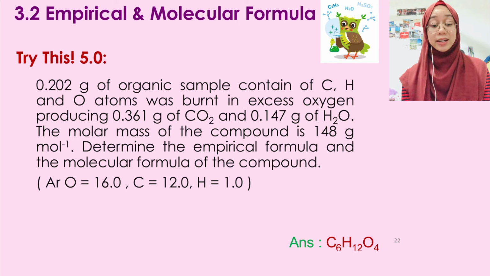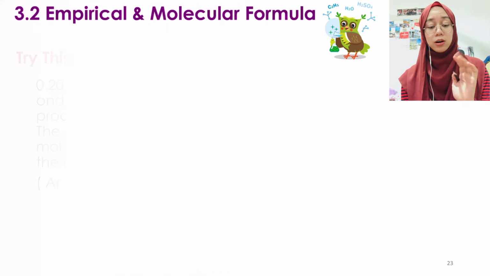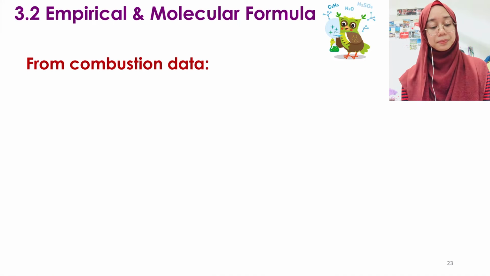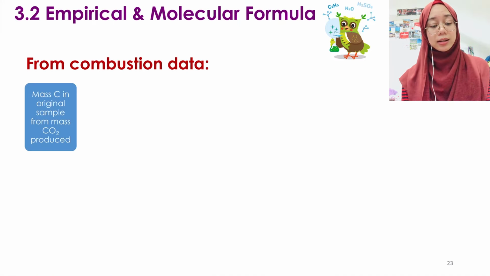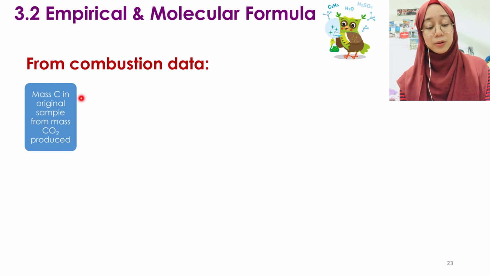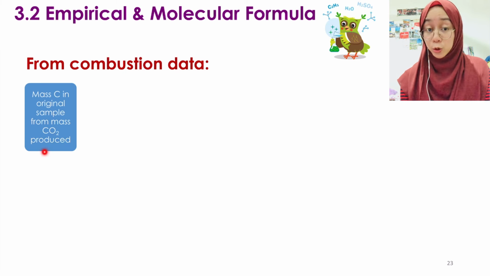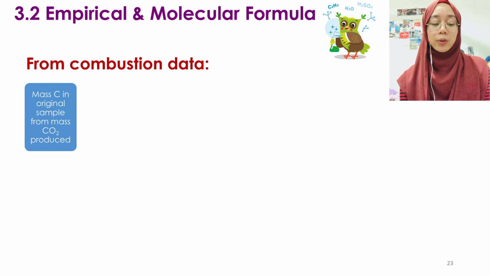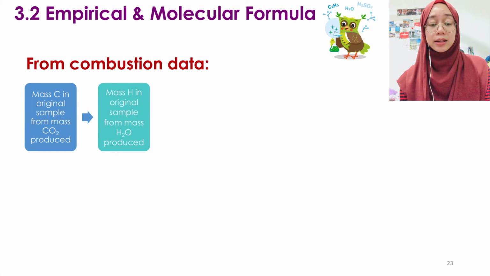So nanti kamu try. Okay, so basically kalau kita nak tengok flow of kalau guna combustion data ni kelas, first one kena cari mass of carbon dahulu in the original sample. Okay, daripada mass of carbon dioxide. Okay, so from CO2 kita cari mass of carbon. Meanwhile, the next one kamu akan dapat juga mass of water kan.